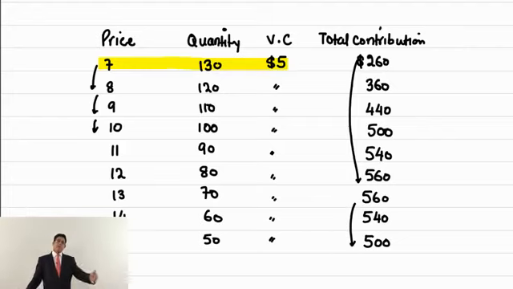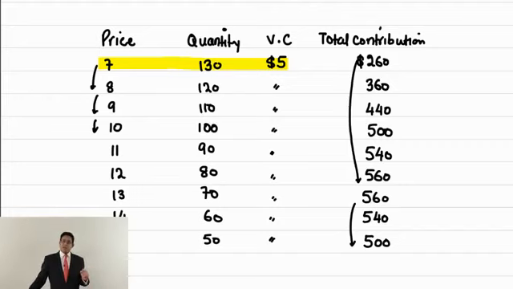And if you keep on doing like this, price to 16, price to 17, price to 18, you would notice your contribution value will keep going down, because what we are observing is how much extra revenue we generate and how much extra marginal cost we incur.